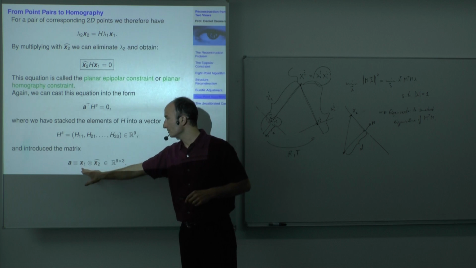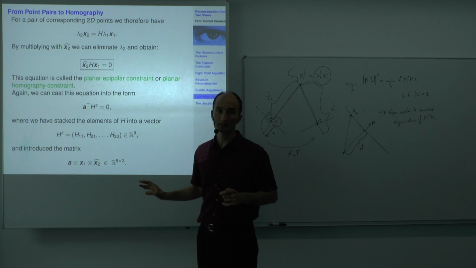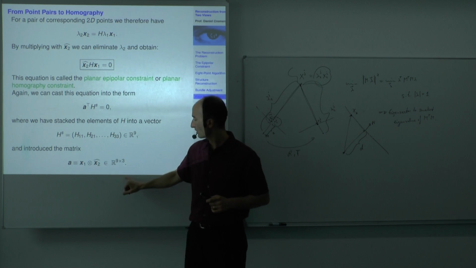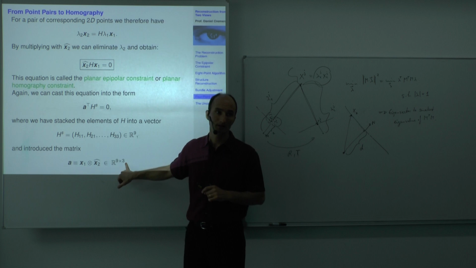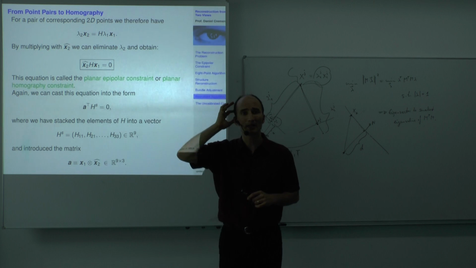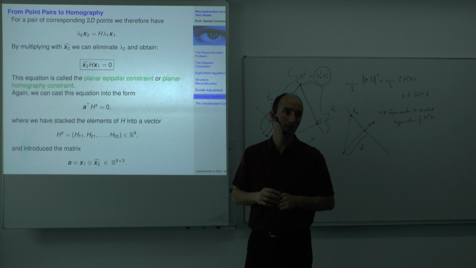And if you do Kronecker products, the rank remains. It doesn't go up. At best, it goes down. So the rank of A is at most 2 as well. So although we have 9 by 3 here, there are only 2 independent columns. And as a consequence, there are only 2 independent equations that each point provides.